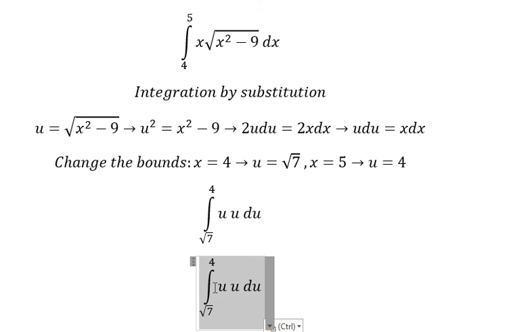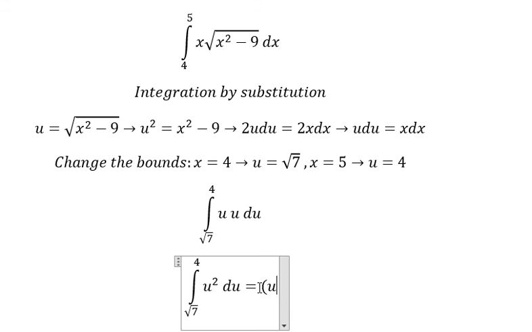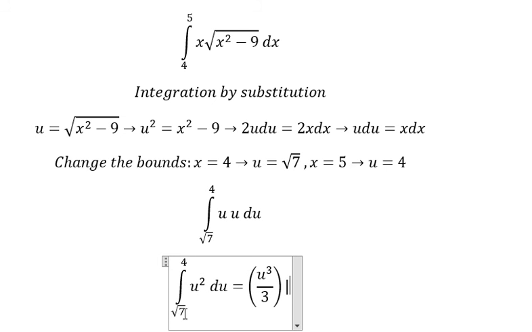U and u, we have u squared. The integration of u squared, we have u to the power of 3 over 3. And then we put the bounds from the square root of number 7 to number 4.